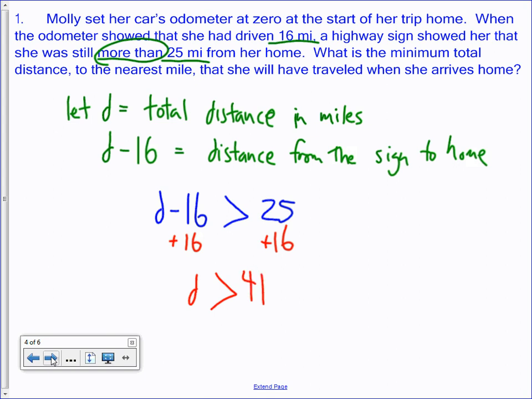Actually, it's 41. So let's stick with the question. The minimum total distance, if my distance has to be greater than 41, then my minimum total distance that I had to go on would be 42. So my answer would be 42 on this one.